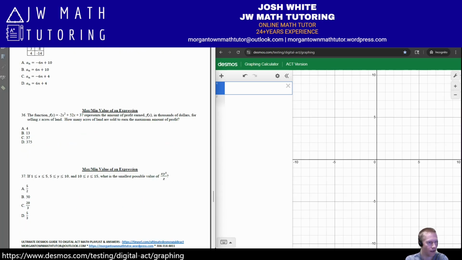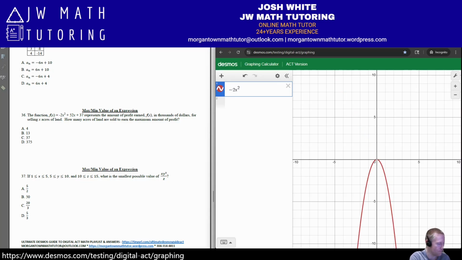So first we have number 36 here. This is kind of a real basic problem. You have this expression, and it wants to know how many acres of land are sold to earn the maximum amount of profit.